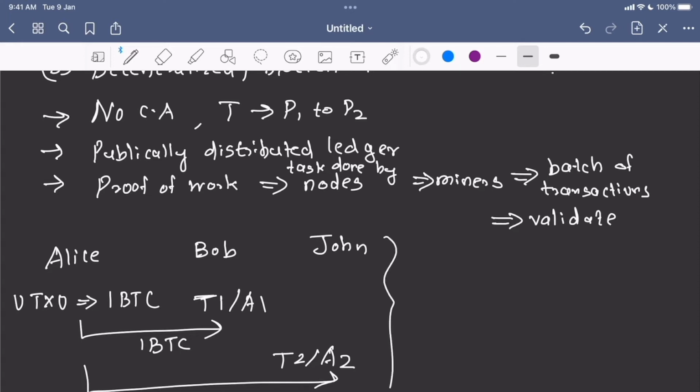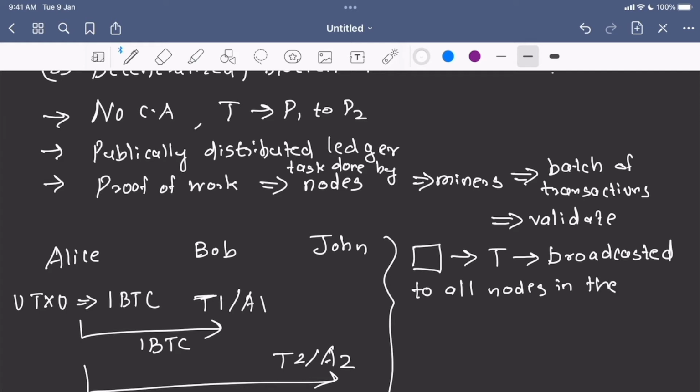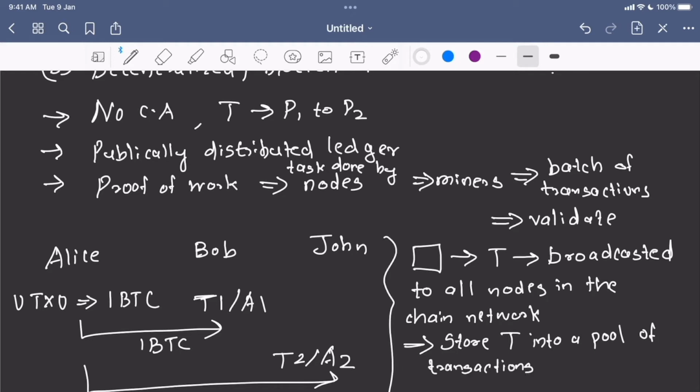Now in Bitcoin, whenever a person or a node initiates a transaction, it is broadcasted to all nodes in the network, and these nodes store the transaction into a pool of transactions called Mempool.